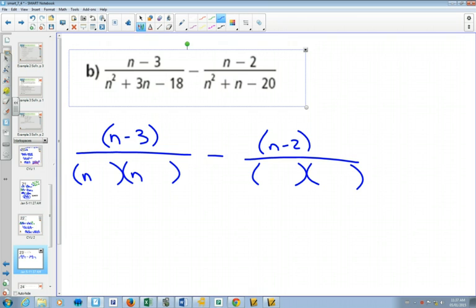To get 18, 6 and 3. The 6 is going to have to be positive and the 3 negative. And the second one, n and n, going to have 5 and 4. The 5 positive, the 4 negative.